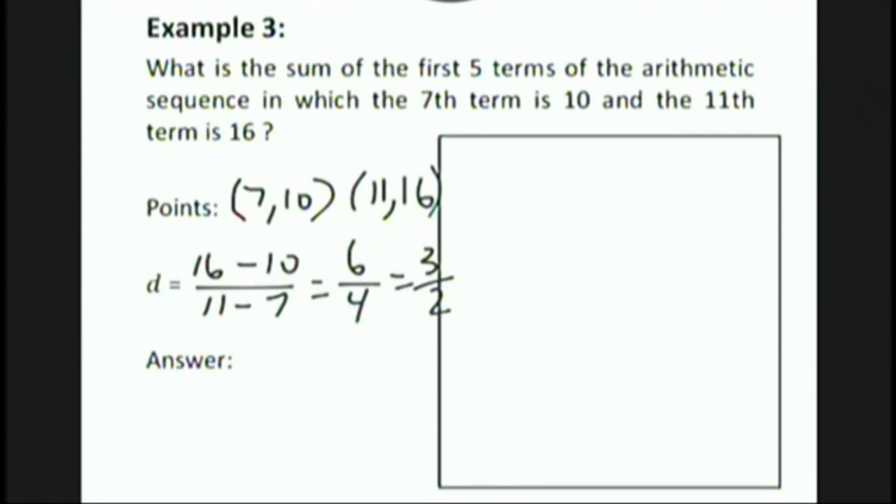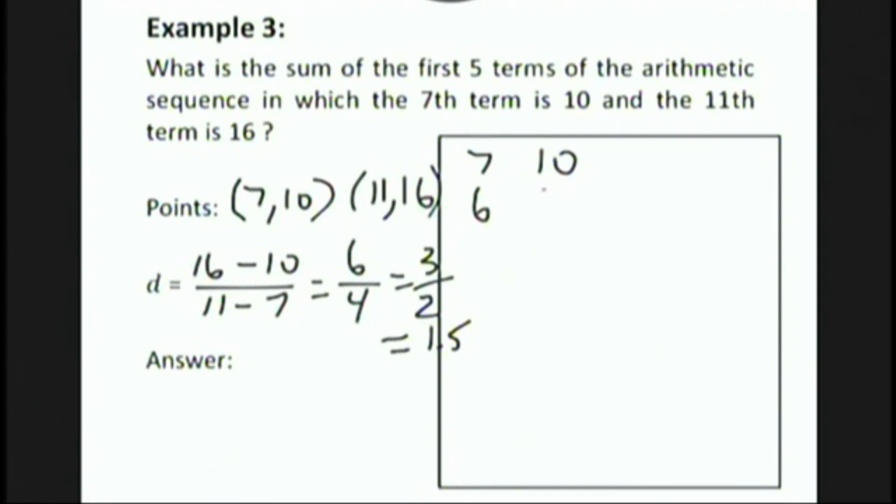Okay, so we want the sum of the first 5 terms of this sequence. So let's go ahead and figure out what those first 5 terms are. Well, we have that the 7th term is 10. Since the common difference is 3 halves, or 1.5, we can subtract 1.5 from 10 to get the 6th term.